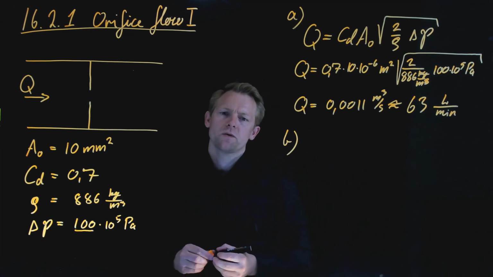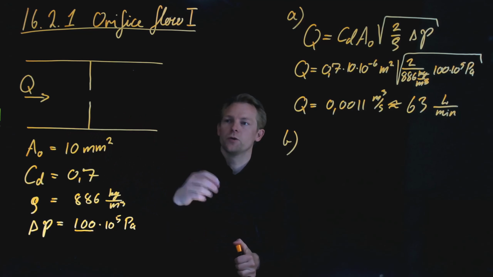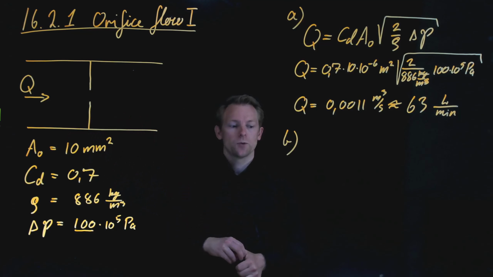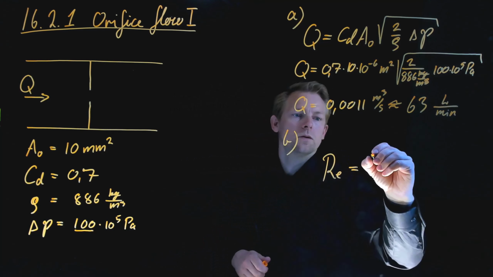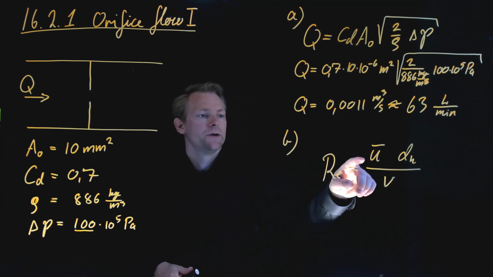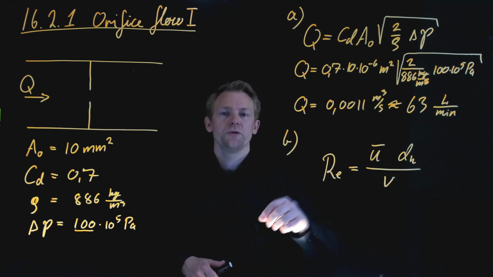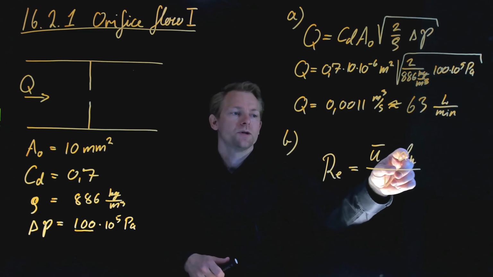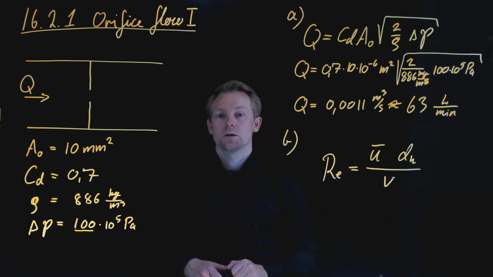In the second part of the exercise we're asked to calculate what is the Reynolds number for the flow going through. And the Reynolds number we can calculate for that using various hydraulic diameters and so on. So if we put up the equation, what we need is the average flow velocity of the fluid, and then the hydraulic diameter, and finally our kinematic viscosity.